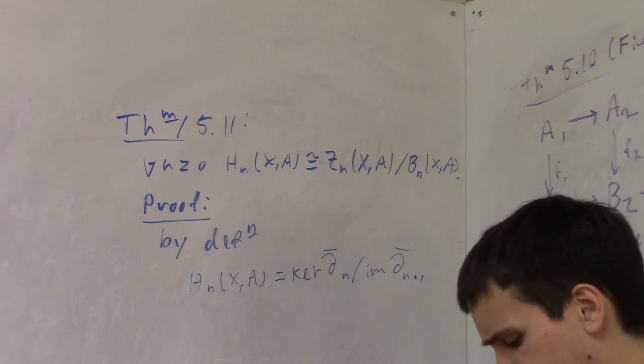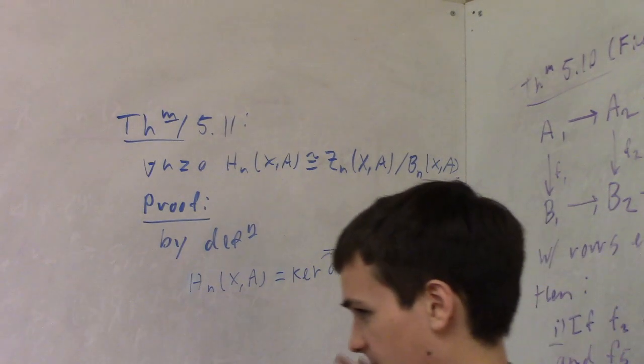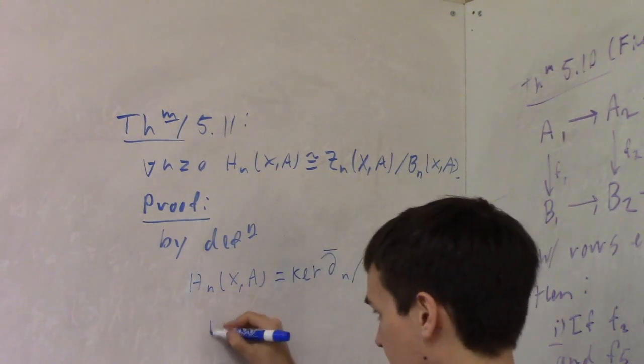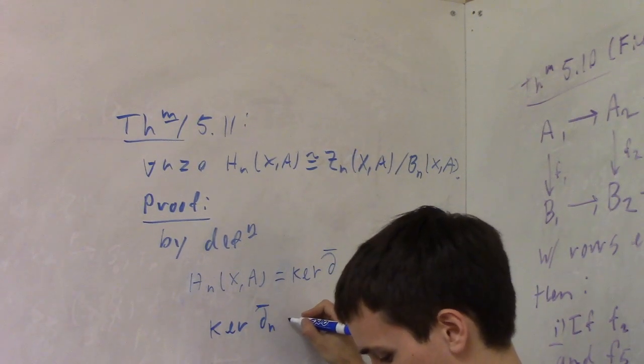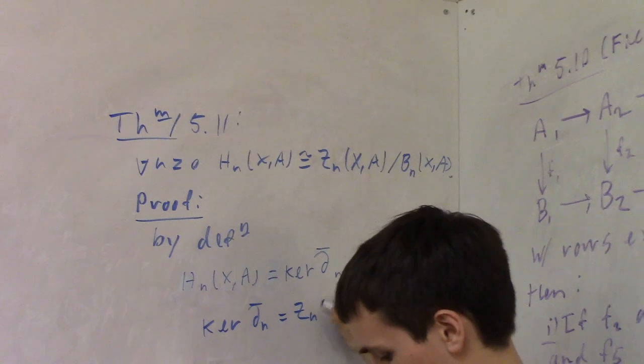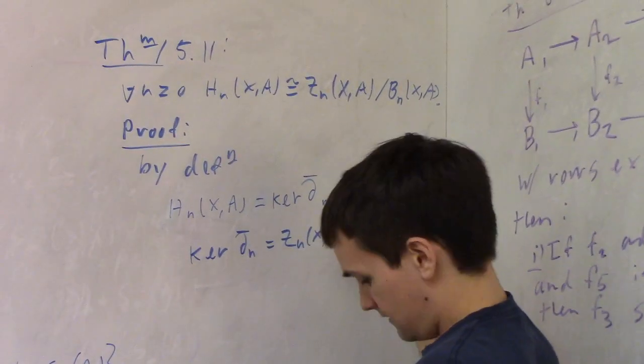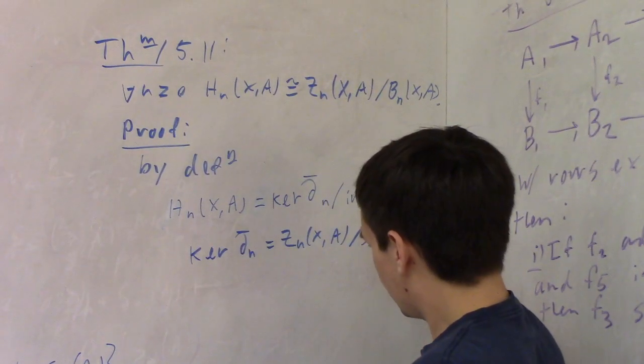And they say it is easy to see from our remarks above, namely this stuff, that the kernel of the nth differentiation map is equal to Z_n(X,A) mod S_n of A.